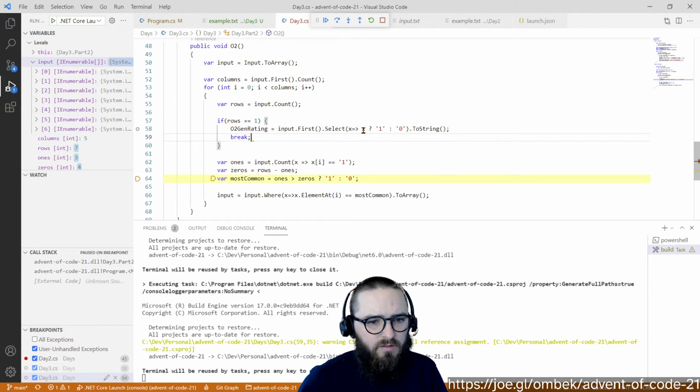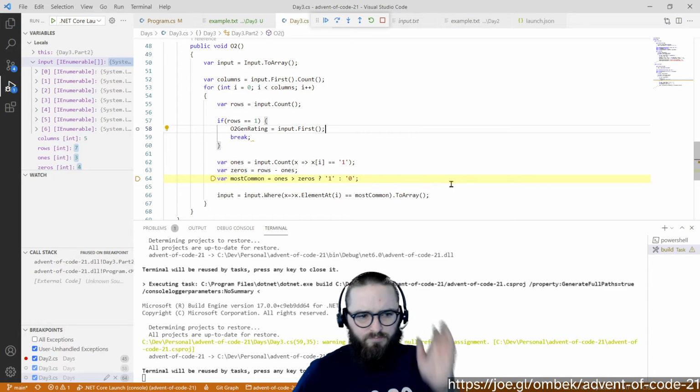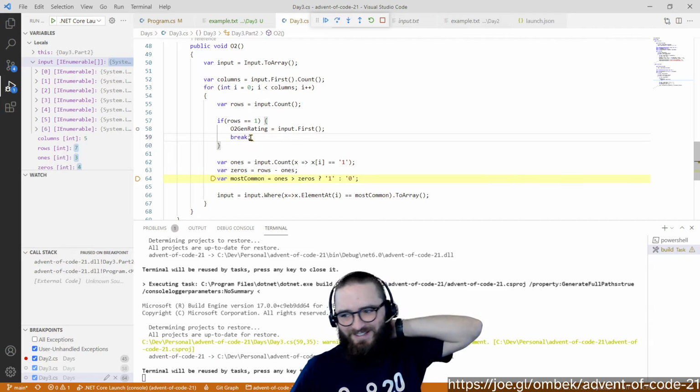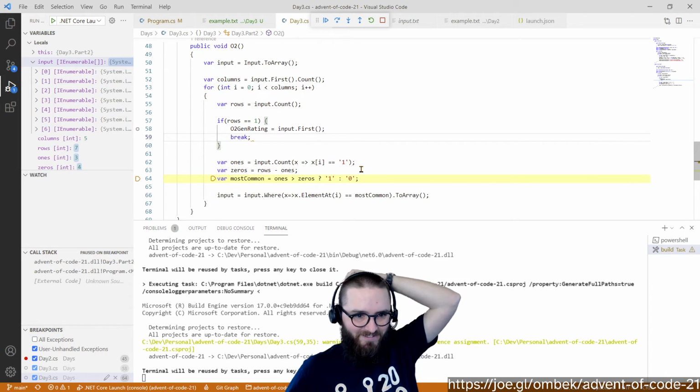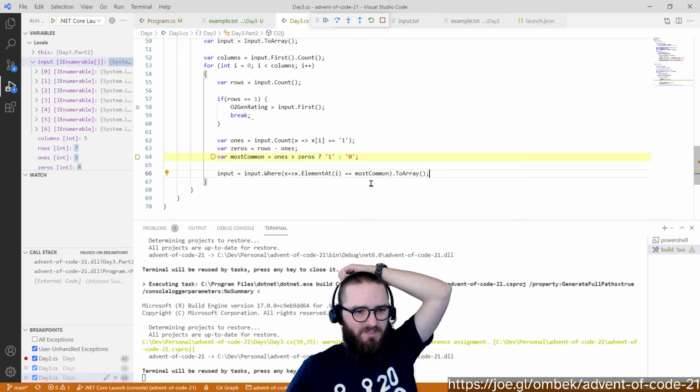Wait, x is now going to be already a string. Already a string. Okay, that simplifies most things actually. Yeah, absolutely. Code intent is less obvious, but it's easier to work with. It's so much easier to debug.